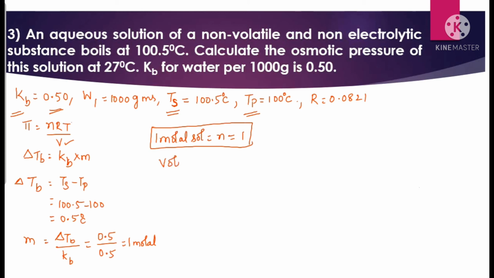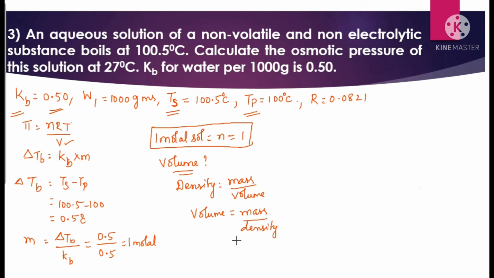What is the formula for volume? Density is equal to mass by volume. Now we are in need of volume, so volume is equal to mass by density.